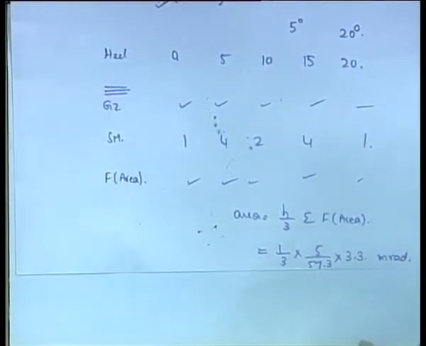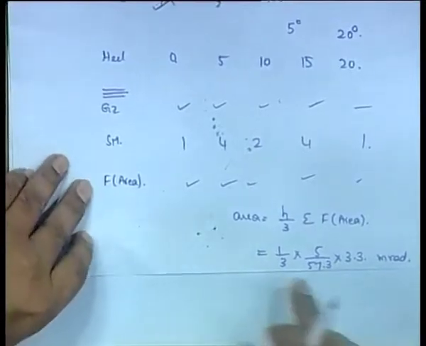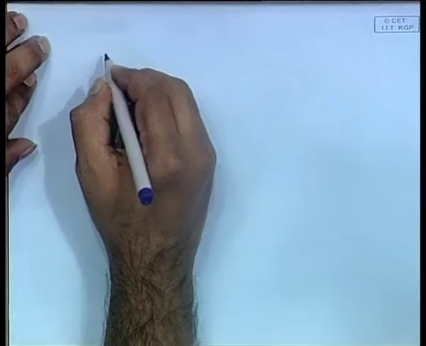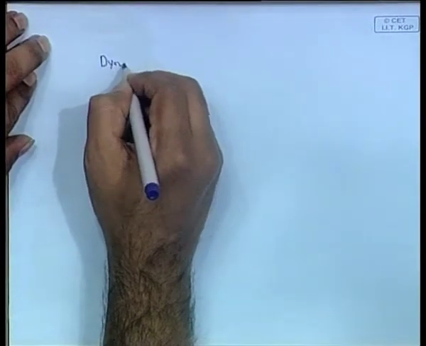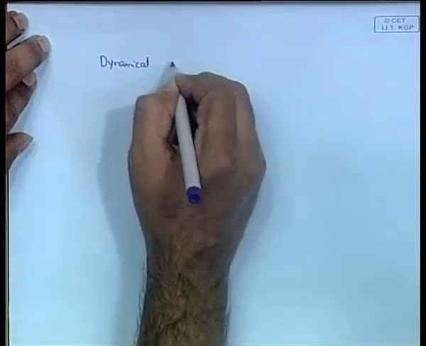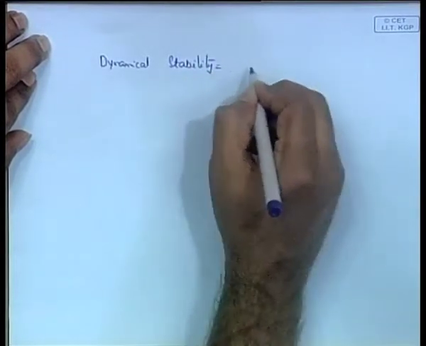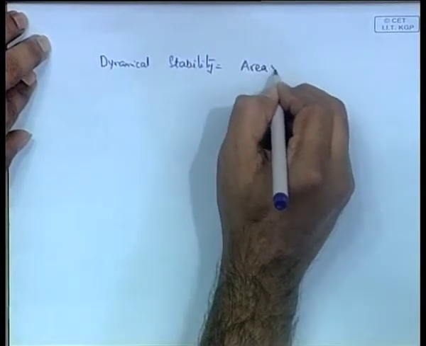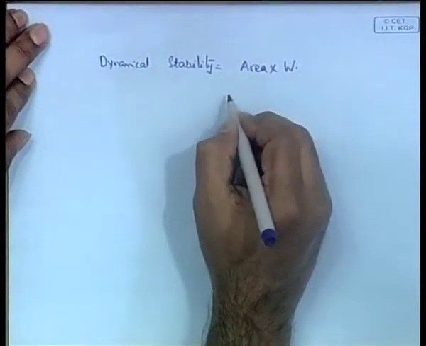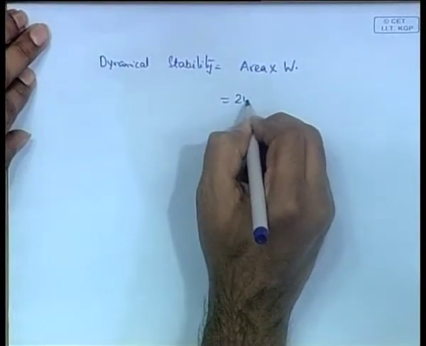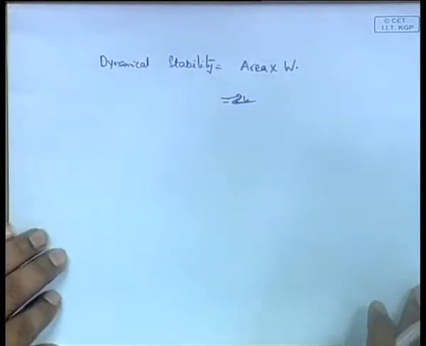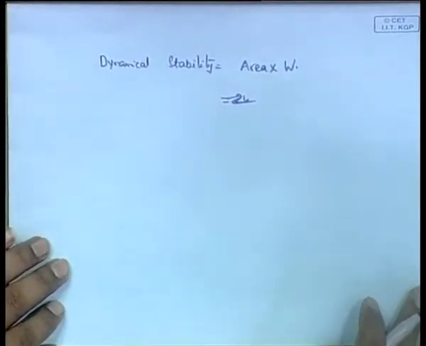So this is the area, and dynamical stability will be this multiplied with the displacement. Dynamical stability will be whatever area you are getting here multiplied with W. So that will give you your dynamic stability.